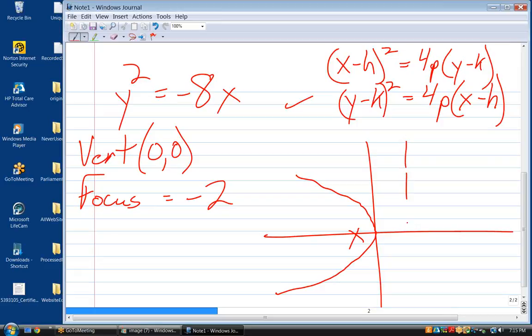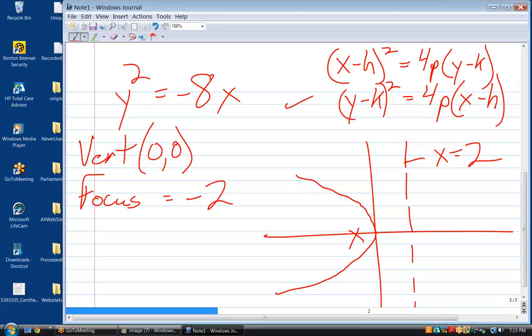What's the equation of the directrix? X equal 2. Yeah. In other words, the directrix is always the equation of a line. So it's not just 2. It's x equal 2, or with a vertical parabola, it's y equals some number. Okay?